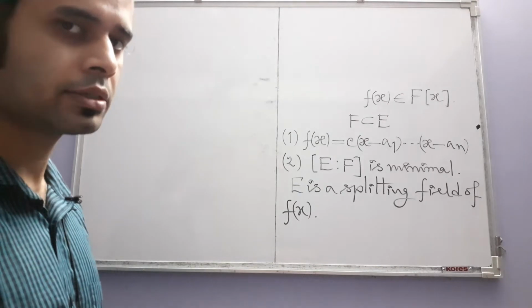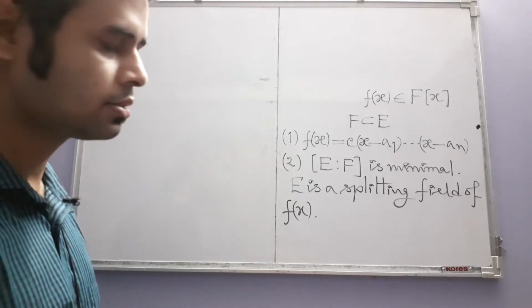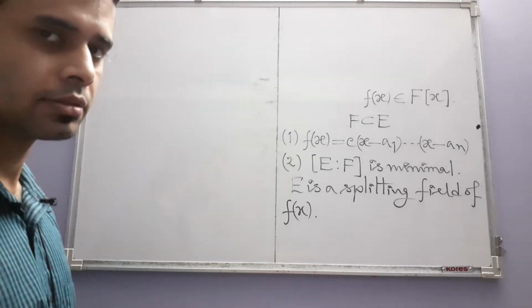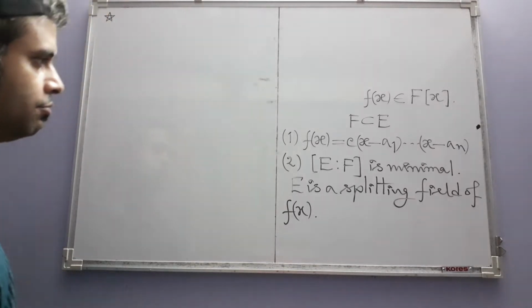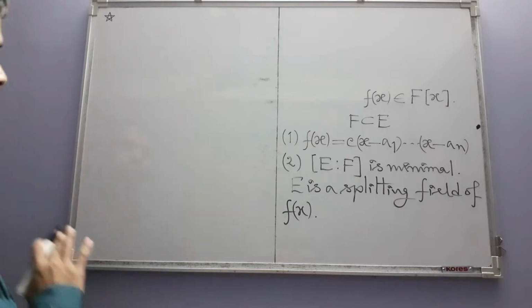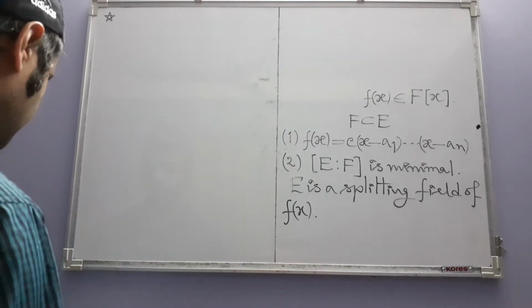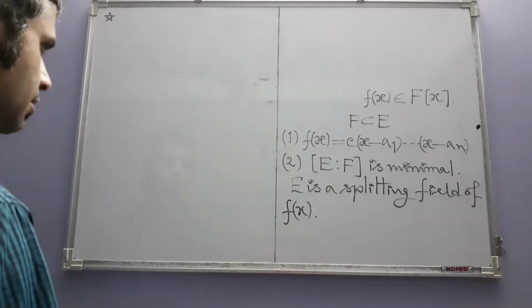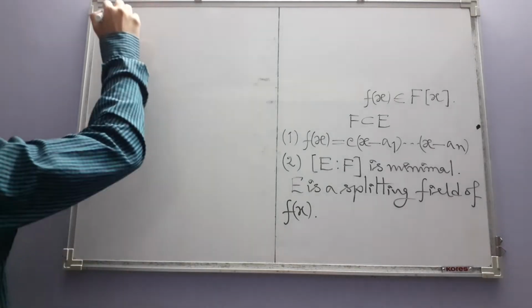Is there any relationship between two splitting fields of the same polynomial? So we already discussed something about that, and we in fact obtained one very small result in this direction. So this is how we next proceeded.